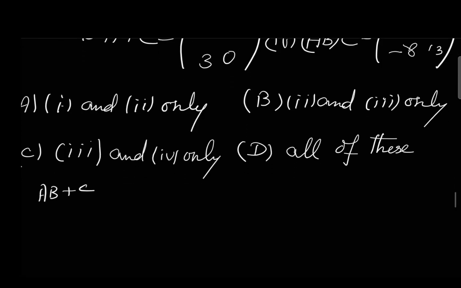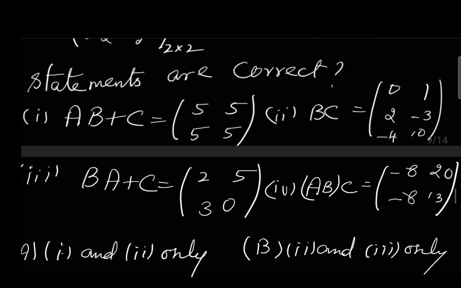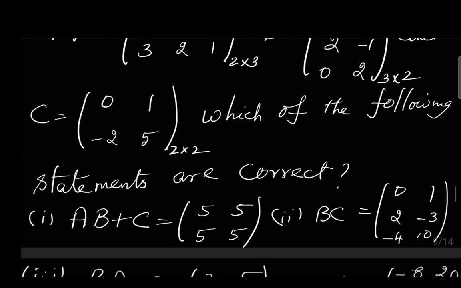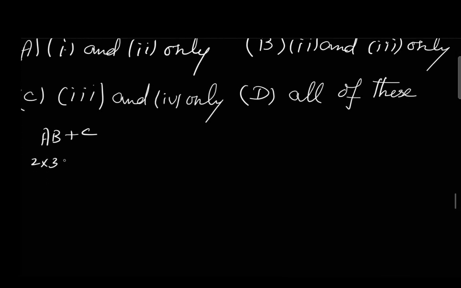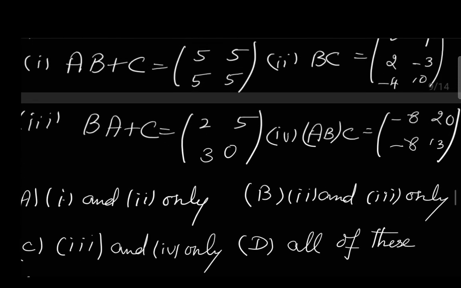The order of A is 2 by 3. The order of B is 3 by 2. So AB is 2 by 2, plus C. C is also 2 by 2. We can add this. So the first one is possible. Just put a tick mark.